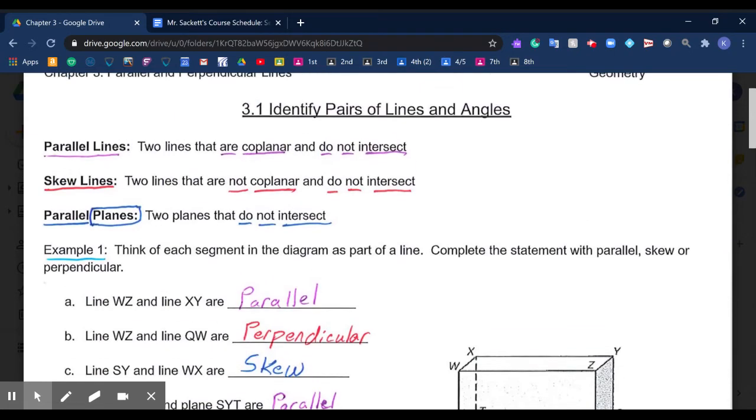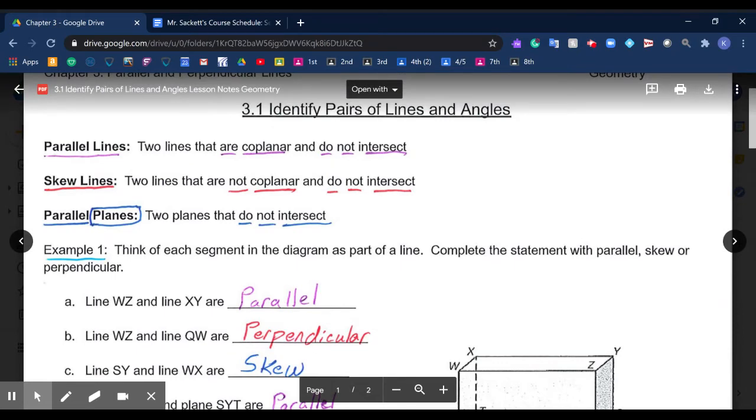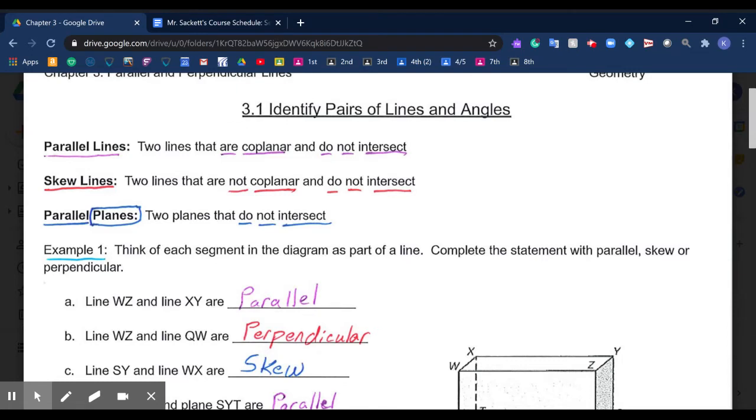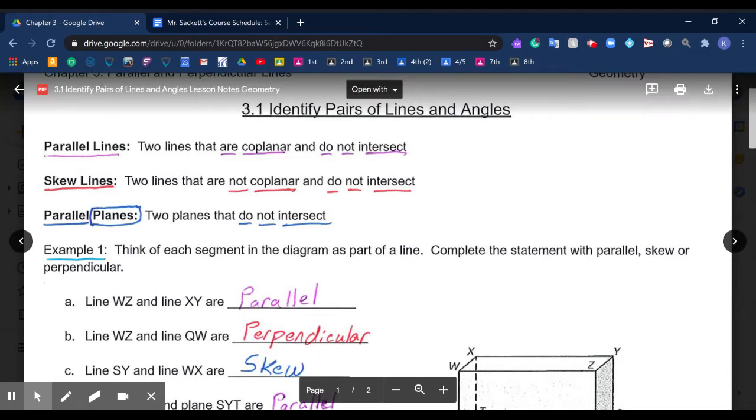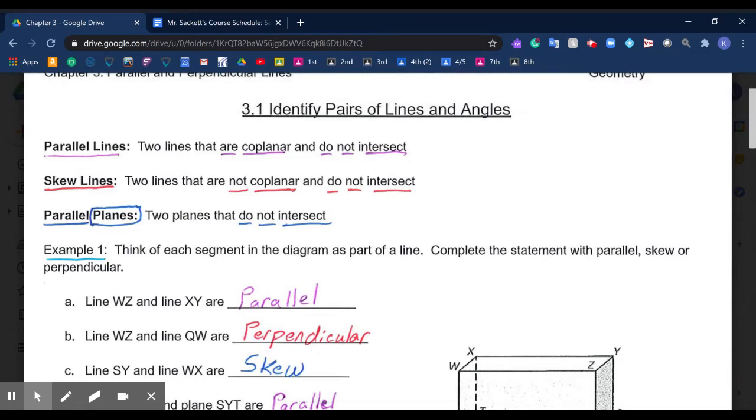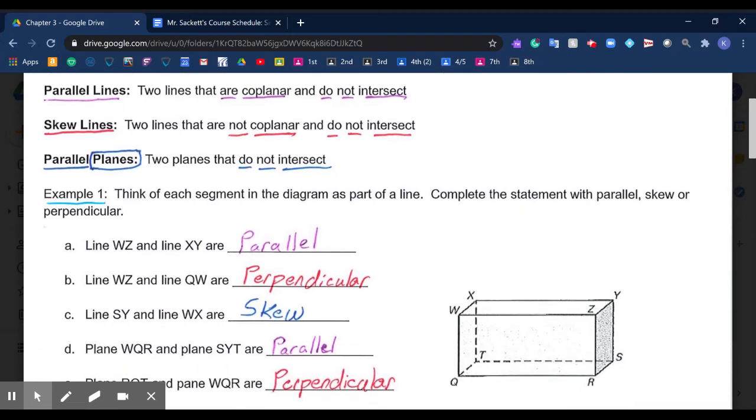So up here we had parallel lines, skew lines, and parallel planes. Then we also have perpendicular lines, which are lines that intersect at 90 degrees, and perpendicular planes, which are planes that intersect at 90 degrees.